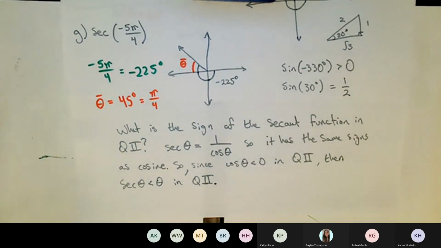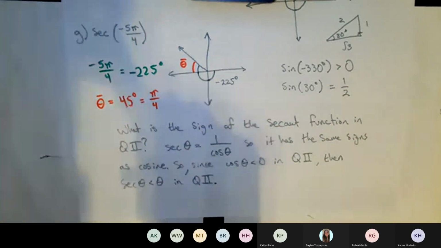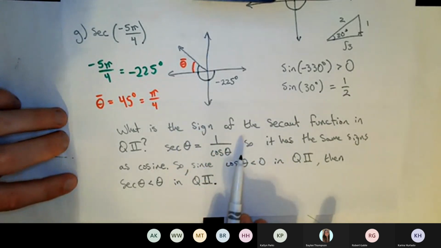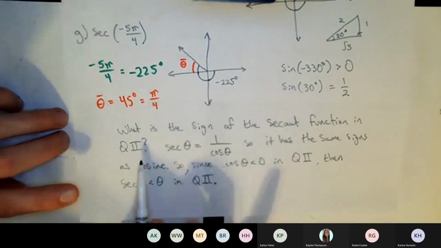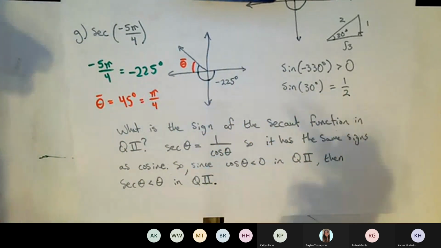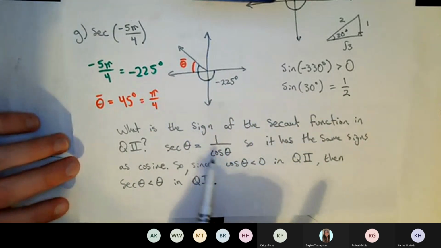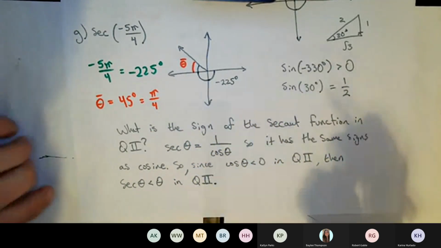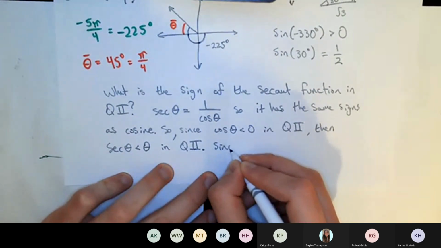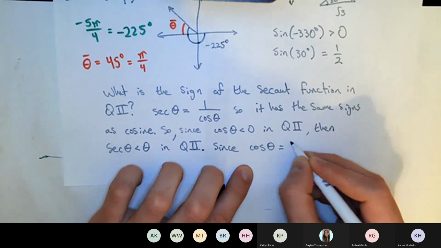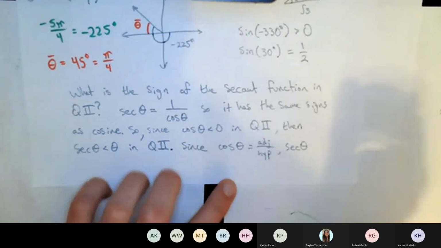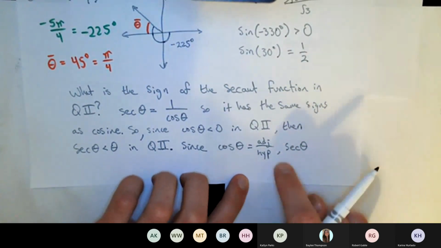Okay, so whenever I ask you to do one of these problems for secant, cosecant, or cotangent, you need to think of it back in terms of the reciprocal identities, right? Secant corresponds to 1 over cosine. Cosecant corresponds to 1 over sine. Cotangent corresponds to 1 over tangent. And they're going to share the signs of the trig function they're the reciprocal of. Moreover, since cosine of theta is equal to adjacent over hypotenuse, secant of theta is going to be the reciprocal, the multiplicative inverse of this.